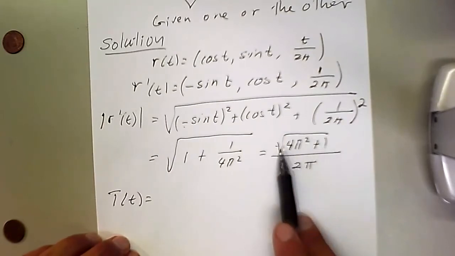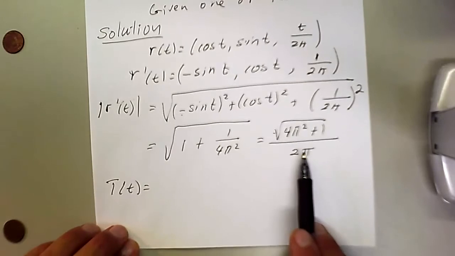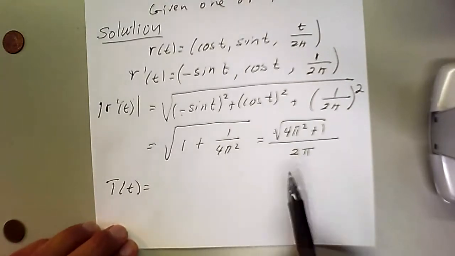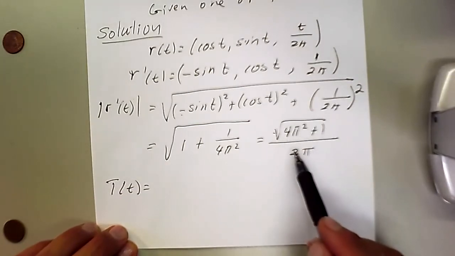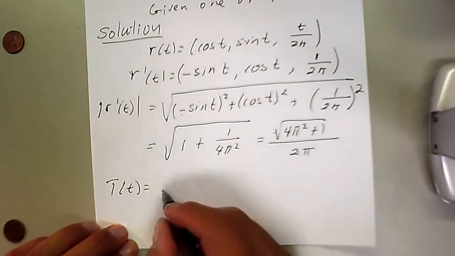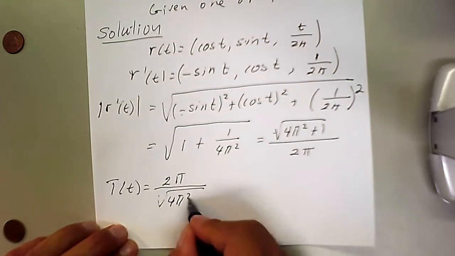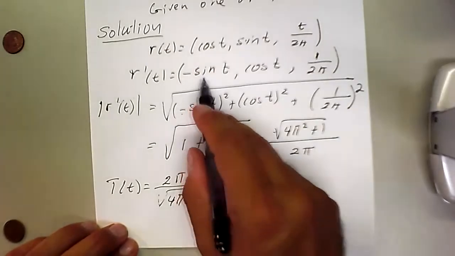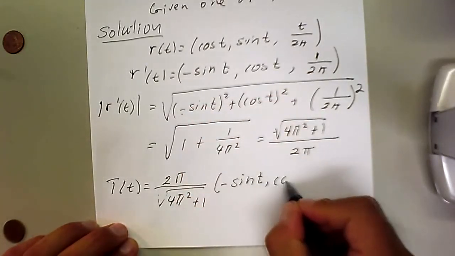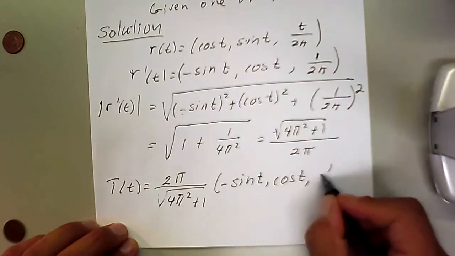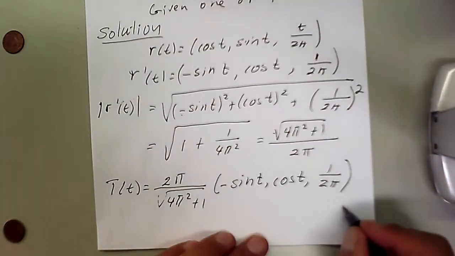Now, this is a fraction, and dividing by a fraction, as you well know, is the same thing as multiplying by the reciprocal. So we multiply by 2 pi over the square root of 4 pi squared plus 1, and then multiply by r prime: negative sine t, cosine t, and 1 over 2 pi. Let's label this as equation 1.